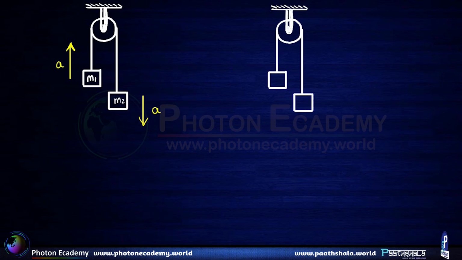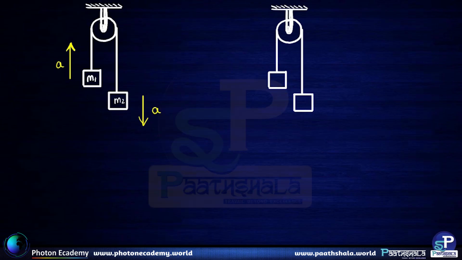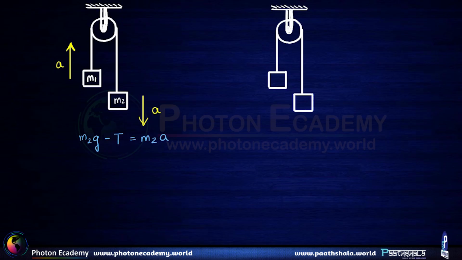So if we do happen to write down the Newtonian force dynamic equations of m2, then we get m2g minus T, T being the tension, is equal to m2a. So this is by analyzing only the mass m2.